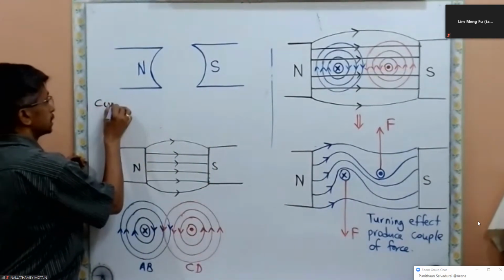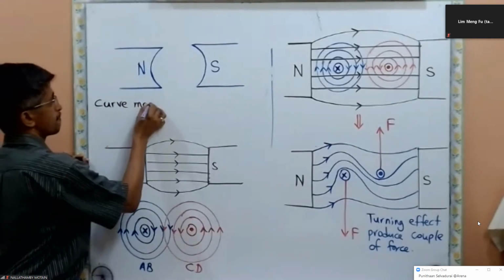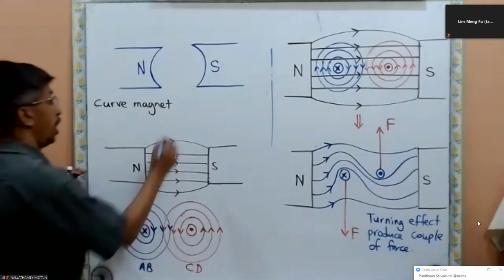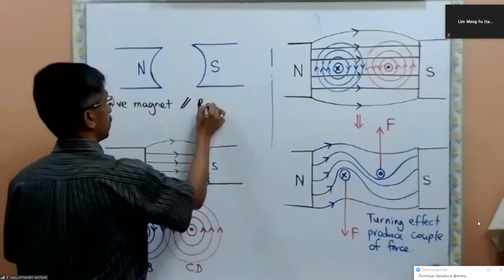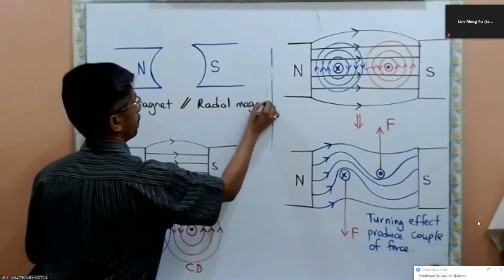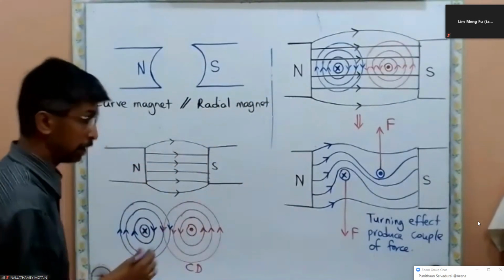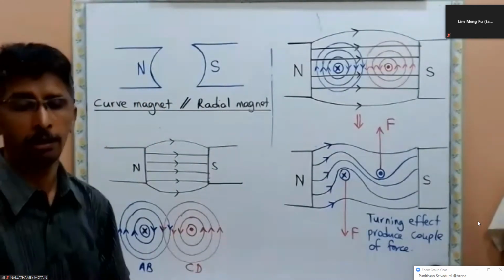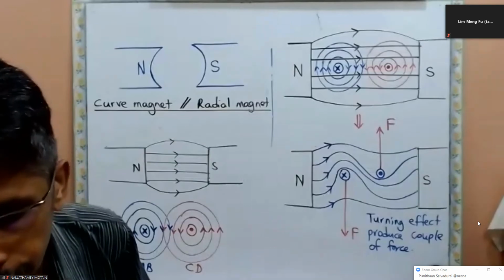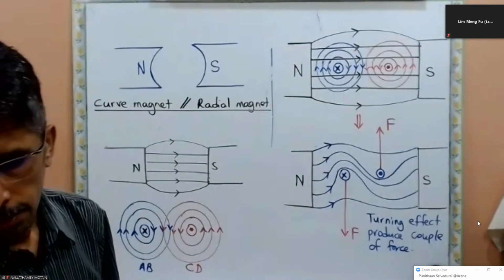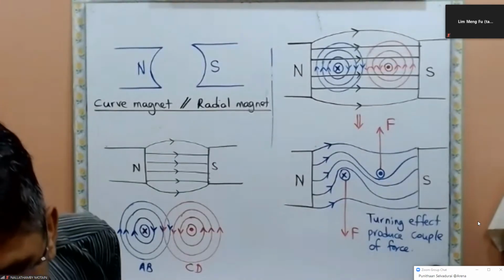Simple one is curved magnet, or you can write radial magnet. The shape you must know: curved magnet, or concave magnet, or radial magnet.